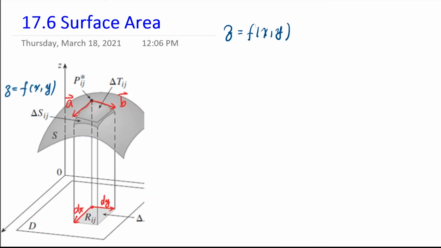Quadratic surface. Z is a function of x and y. In other words, there's no top layer, bottom layer. It's like vertically simple. You know what I'm saying?